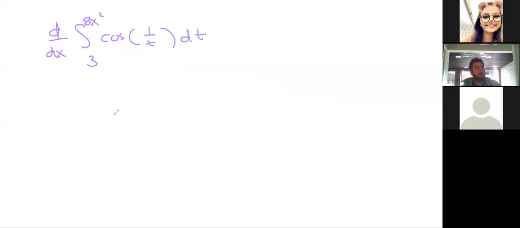So let's suppose I wanted to take this creature. Well, the chain rule says it's the cosine of 1, and then you replace t with whatever's upstairs. And then it's times the derivative of whatever was upstairs, whatever was in the upper bound, which is this 16x.